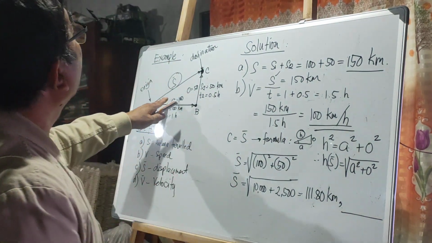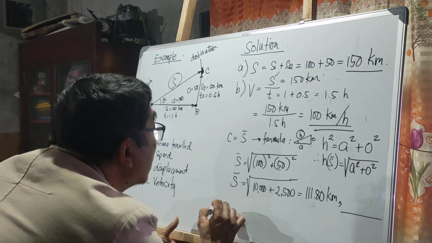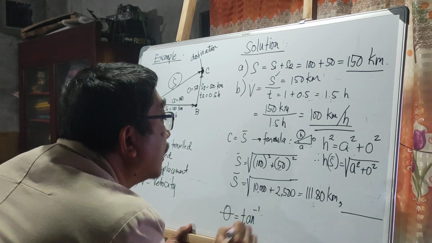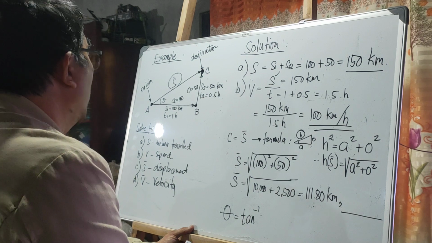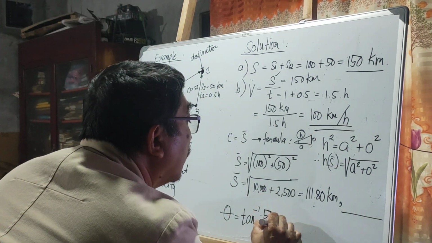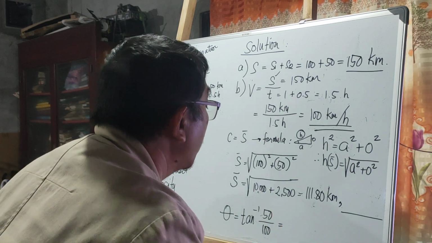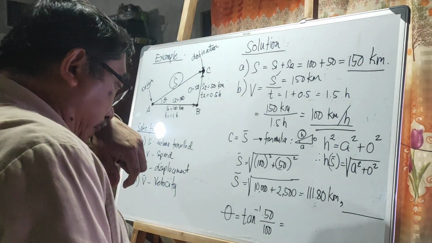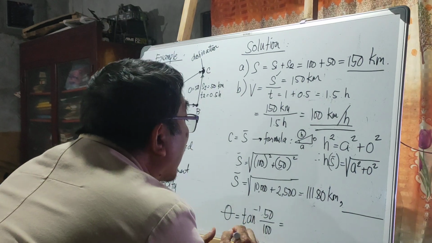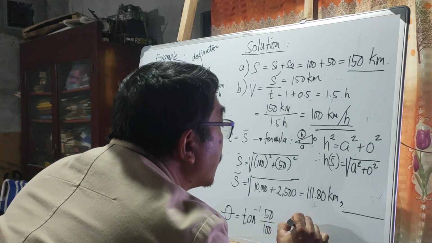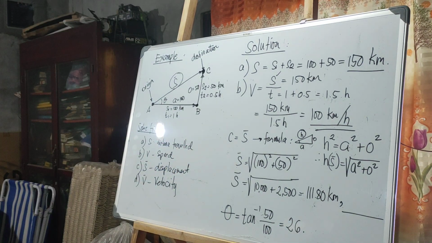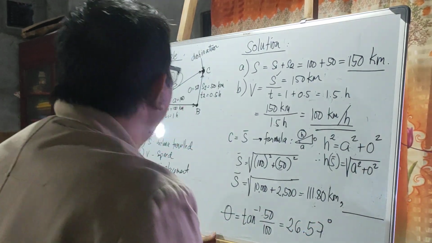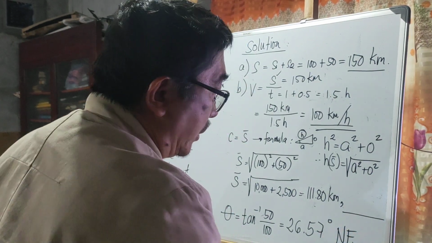Then, our direction: let us try to solve for the value of theta. Theta is equal to the inverse tangent of 50 over 100, and this is equal to 26.57 degrees north of east.